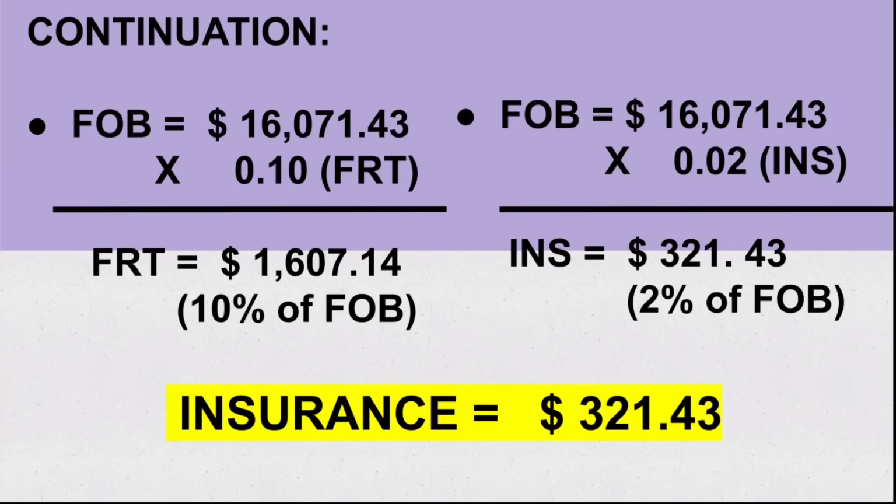We multiply it by 2% of the FOB or 0.02 for the insurance. So, we have the insurance of $321.43. So, again, what we are looking for is dutiable insurance. So, our dutiable insurance is $321.43, and that's the final answer of this problem.